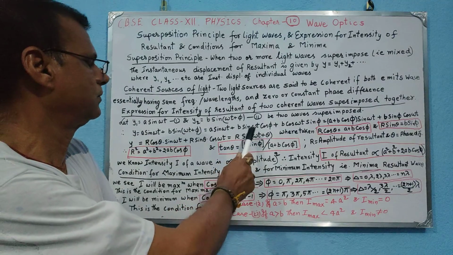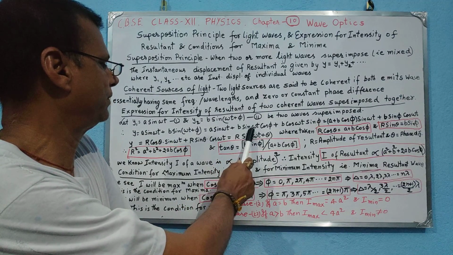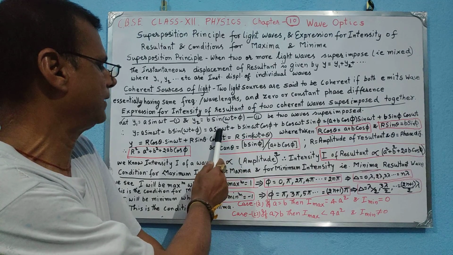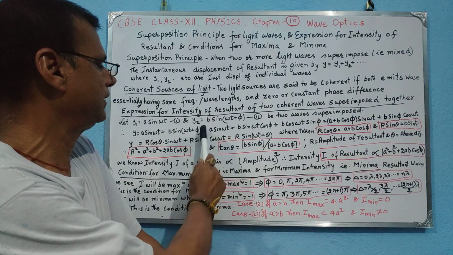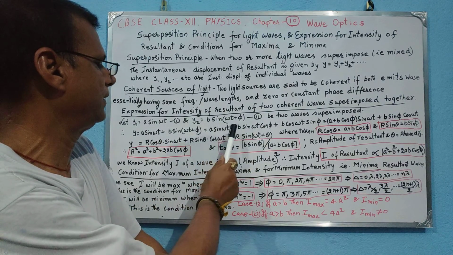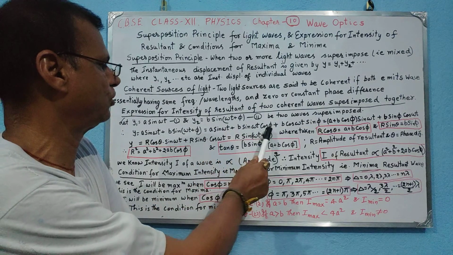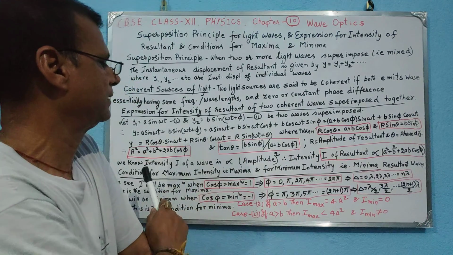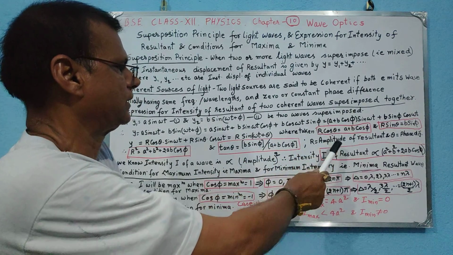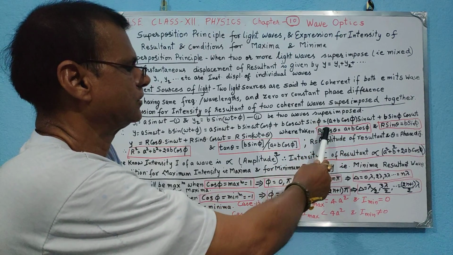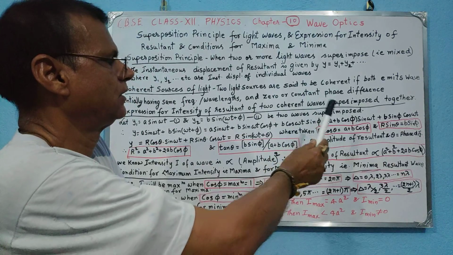We take sin omega t common, and we get within the bracket a plus b cos phi. We define a plus b cos phi as r cos theta, so we are taking this as some constant r cos theta.